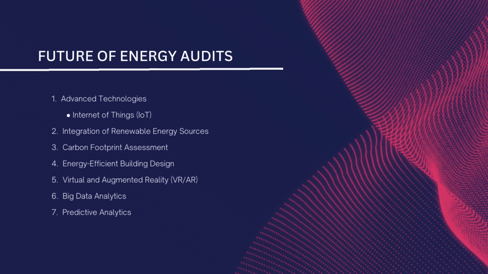The second is Internet of Things. IoT enabled devices and sensors can collect and transmit real time data on energy consumption, allowing for better monitoring and control of energy uses.